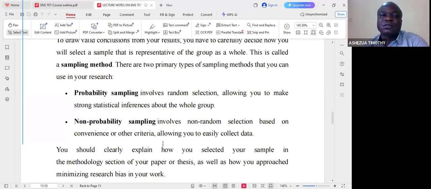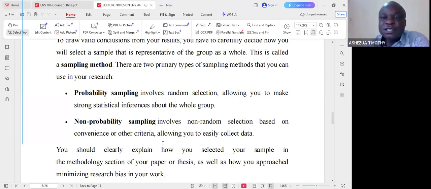Probability sampling involves random selection, allowing you to make strong statistical inferences about the whole group. Non-probability sampling involves non-random selection based on convenience or other criteria, allowing you to easily collect data.